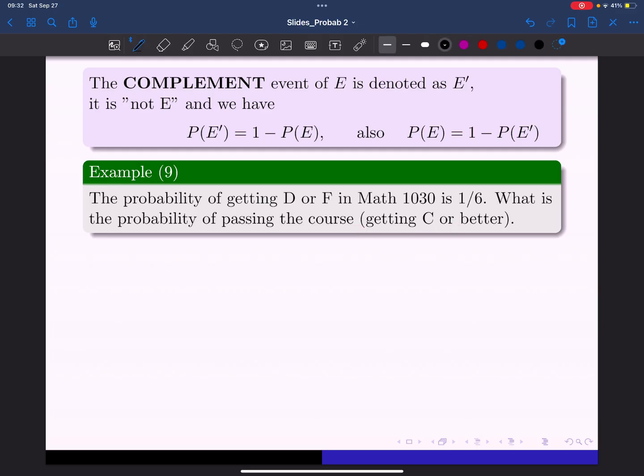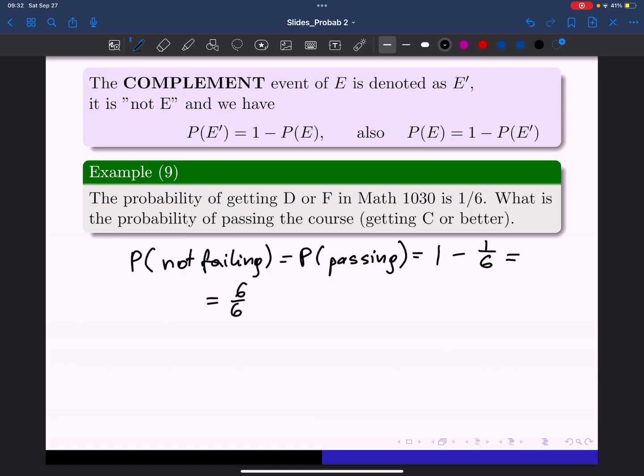So we are going to have the probability of not failing, which is the probability of passing, and this is 1 minus the probability of failing. So now we can write it down. 1 is like 6 over 6 minus 1/6, and that gives me 5/6.